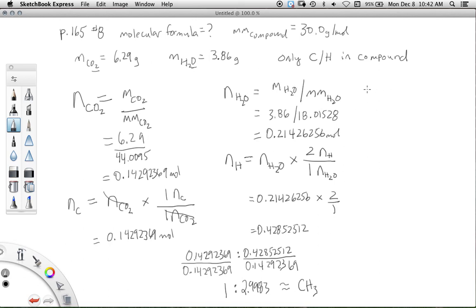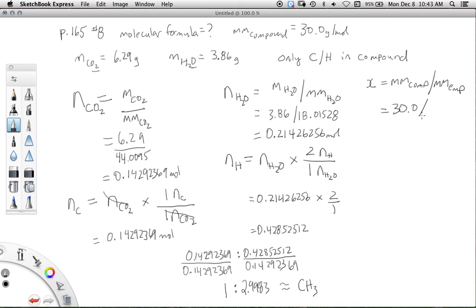That's my empirical formula, CH3. Now, in order to find that magical x value, the ratio, it's the molar mass of the compound divided by the molar mass of the empirical. The compound is 30 grams per mole. I need to find the molar mass of CH3, so that is 1.00794 times 3 plus 12.0107.